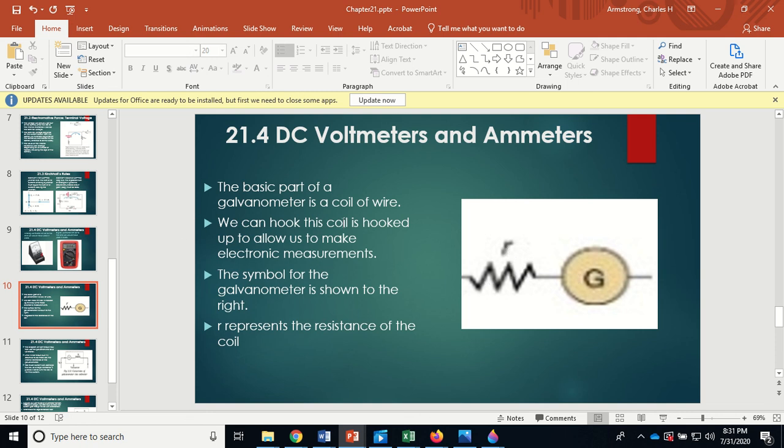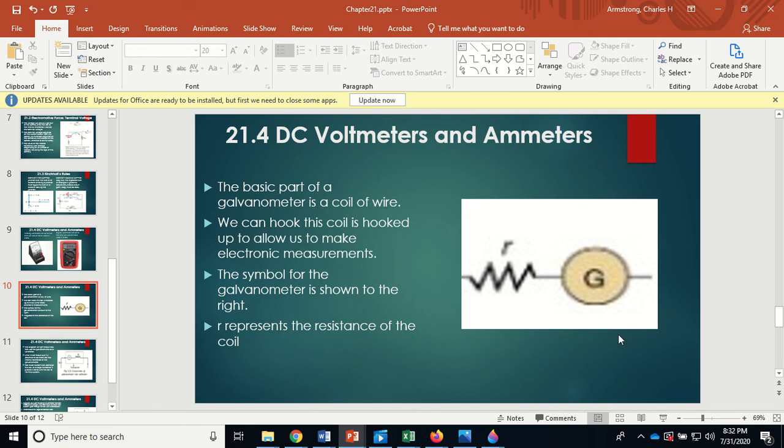We can hook this coil up to make electrical measurements, so we can measure, for example, both voltage and current with that coil. The symbol for the galvanometer is shown to the right. R represents the resistance of the coil.